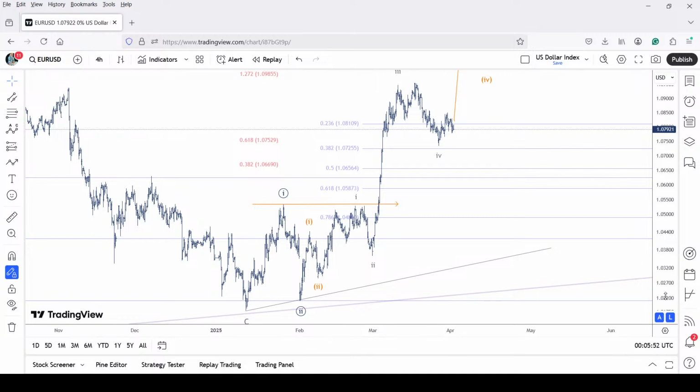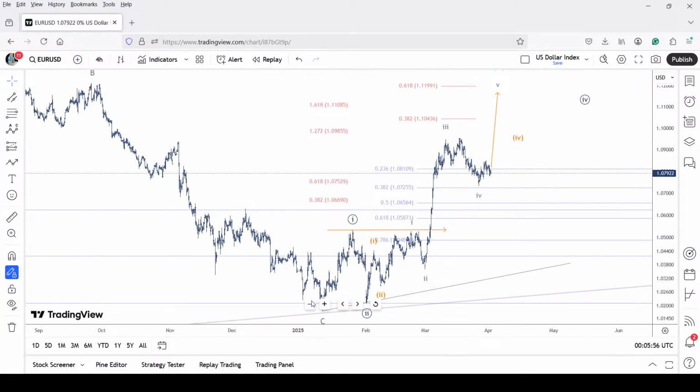All right, so from a trading point of view, it's good to remain on the long side, which we have taken from last week, and it's also good to initiate longs if you have not yet done that, and if you want to do that. Only one thing we need to keep in mind: for now, the stop loss is going to be exactly around 1.05.